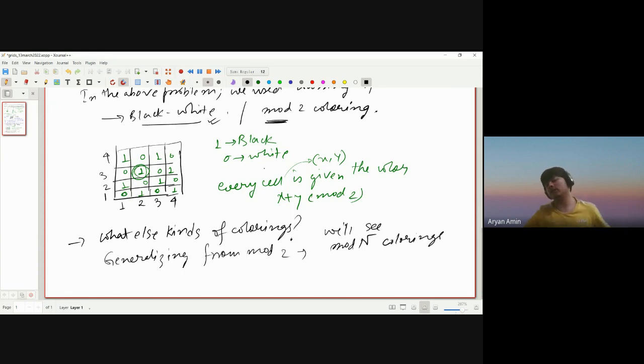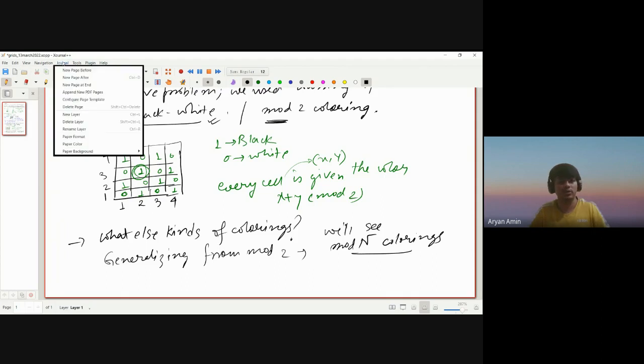Once again, note that these colorings are just going to help you think about some aspect of the problem in a better way. The colorings are done in such a way that there is some sort of periodicity associated with them, and if you spot colorings, they can often lead to very smart solutions to problems.